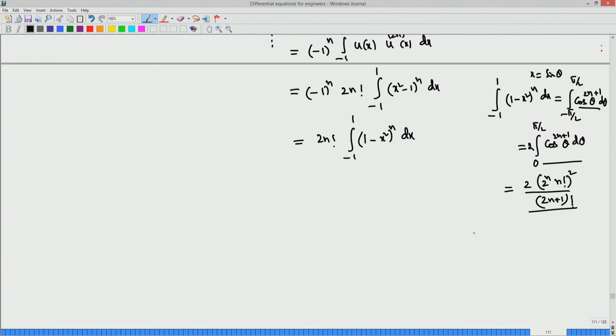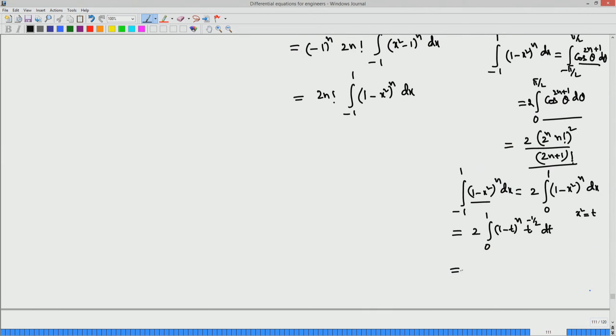Another way is you can see that integral minus 1 to 1, 1 minus x square power n dx is again an even function. So, you have 2 times 0 to 1, 1 minus x square power n dx. If you replace x square with t, what you get is 0 to 1, 1 minus t power n into t power minus half dt.